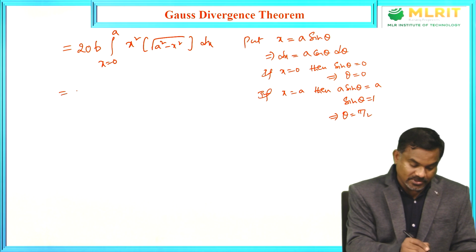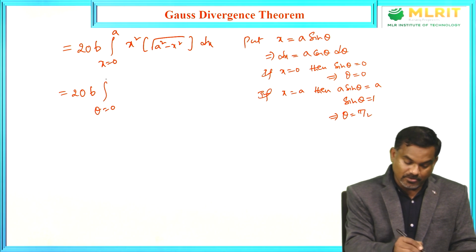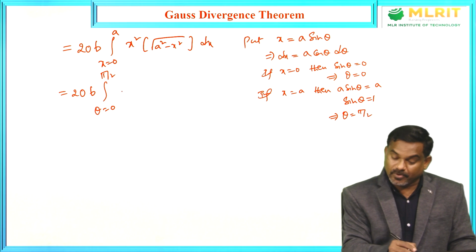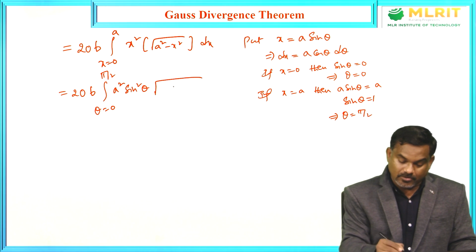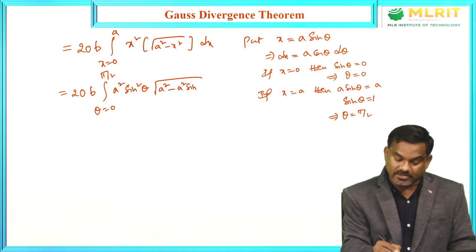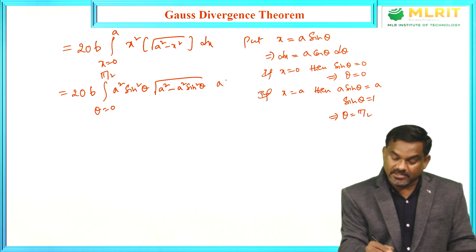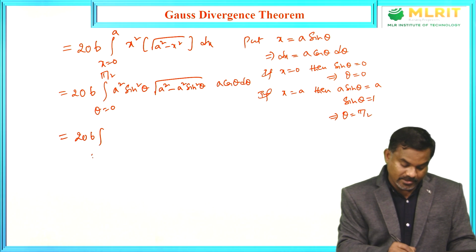So therefore, this is equal to 20b, theta from 0 to pi by 2, x square a square sin square theta under root a square minus x square, again a square sin square theta, dx is a cos theta d theta. So this is 20b, theta from 0 to pi by 2, a square sin square theta.